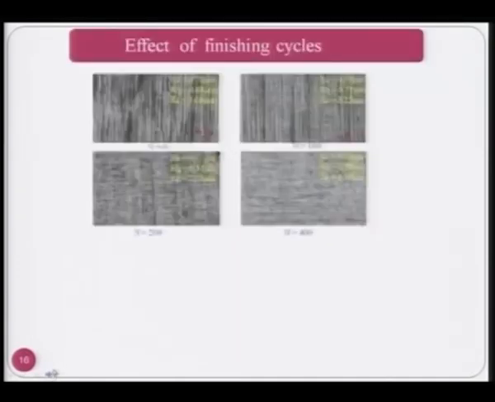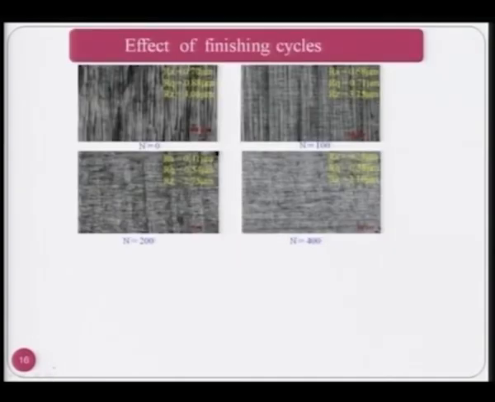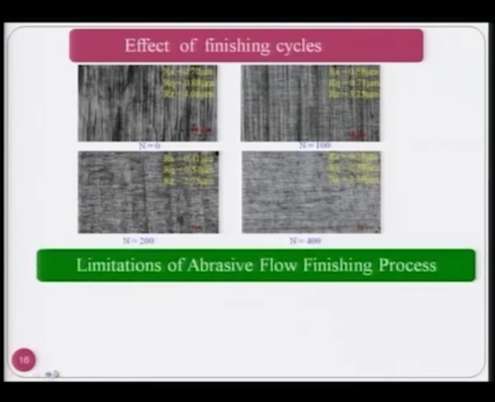Now the effect of finishing cycles is clearly shown here. This is the initial surface after grinding, then after 100 cycles it was finished, and you can see that from 0.70 micrometer Ra value, a surface finish of 0.58 micrometer has been achieved.